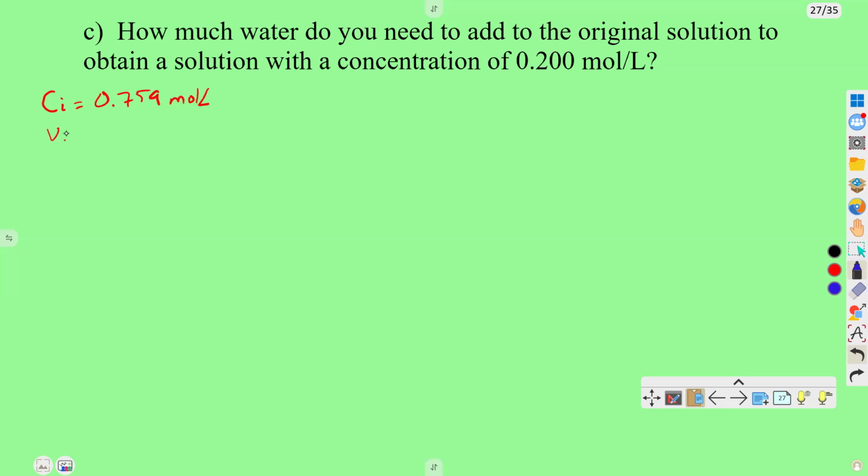The initial volume is 65 milliliters. The final concentration is what they give us this time. So we're going to be diluting it down to 0.20 moles per liter. And now we're looking for how much water do you need to add?